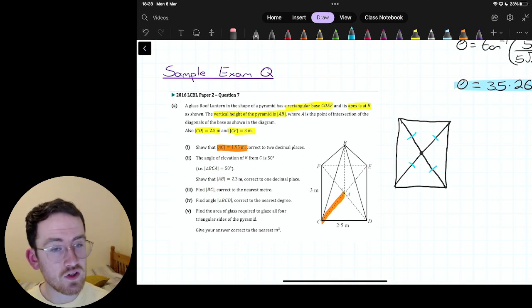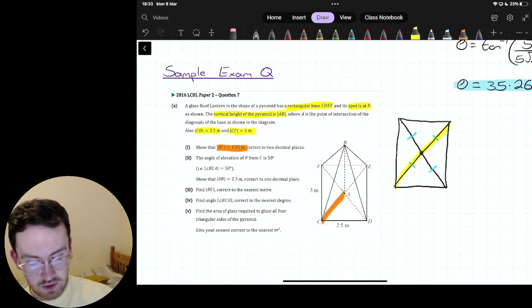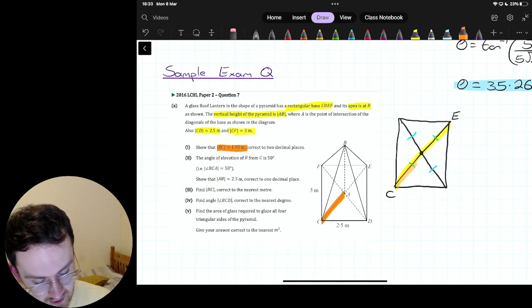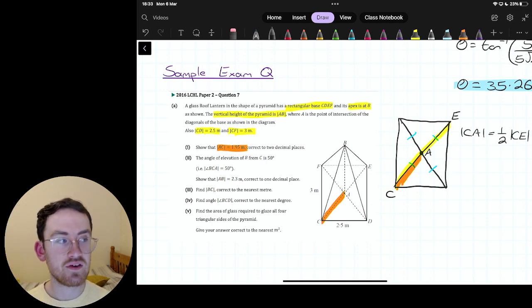What that means for us is that if I'm looking for the length here, which was CA, CA is going to be half of CE.